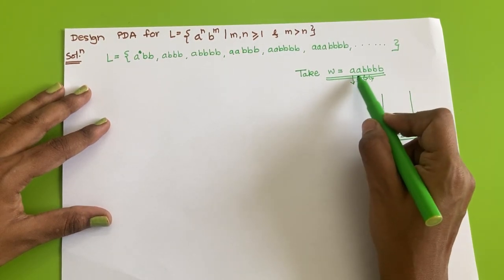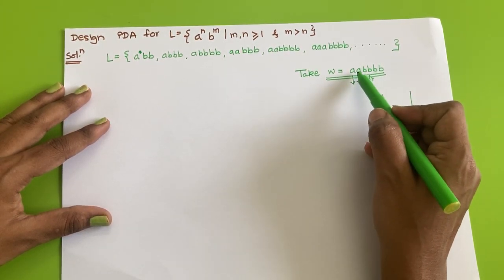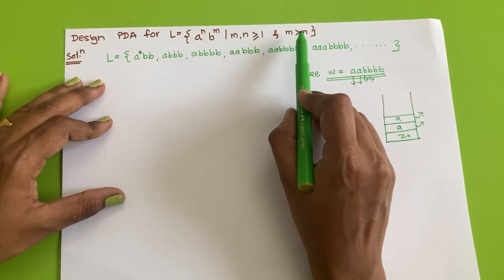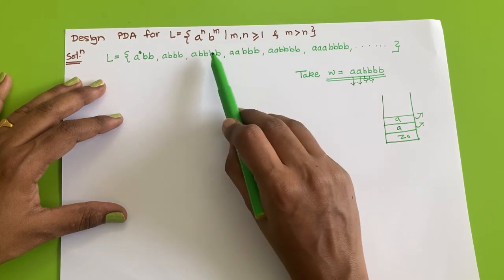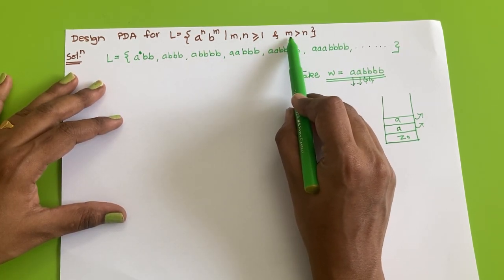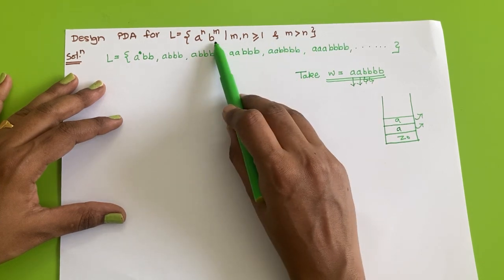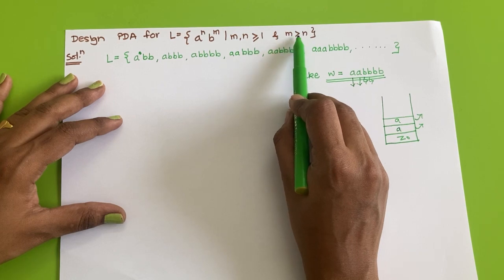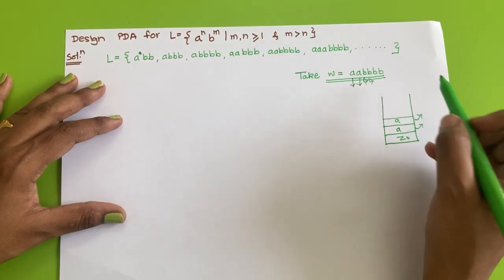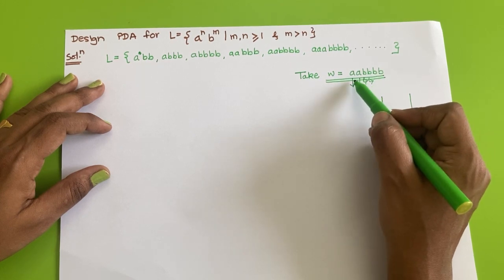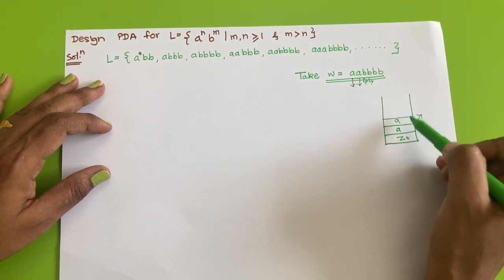This concludes that we have an equal number of A's and B's. But we don't want the condition that the number of A's equals the number of B's. Here we have the condition that we should have a larger number of B's than A's. Because M is greater than N, we have to check that we have an extra B, for which we don't have enough A's on the stack to pop out.